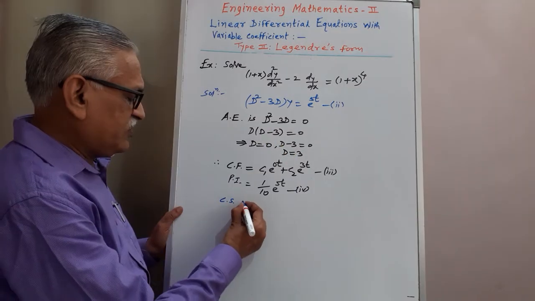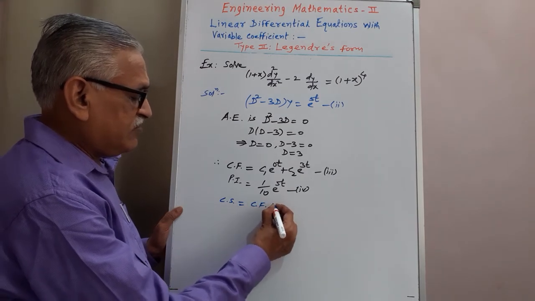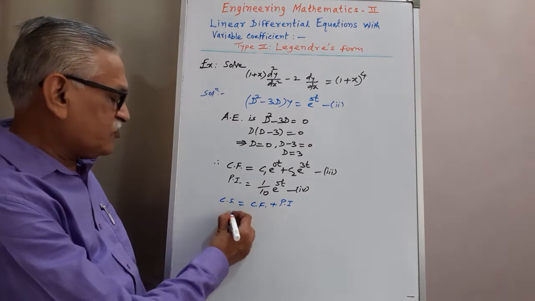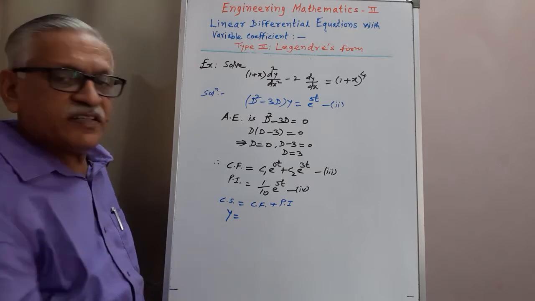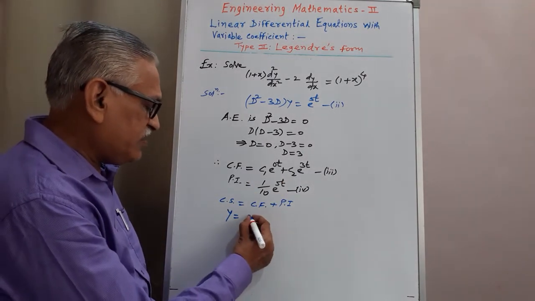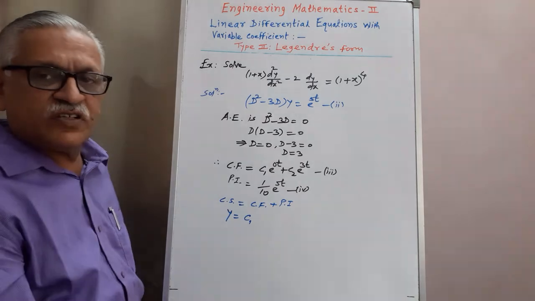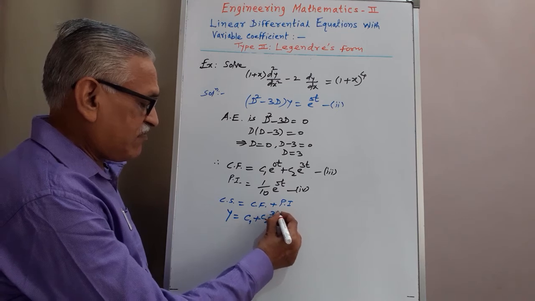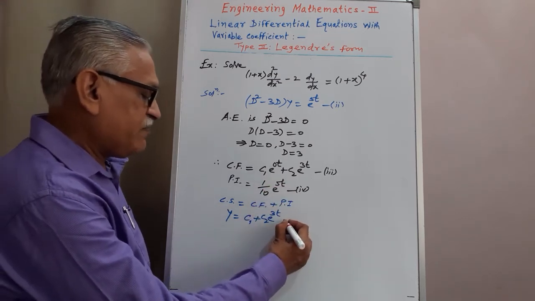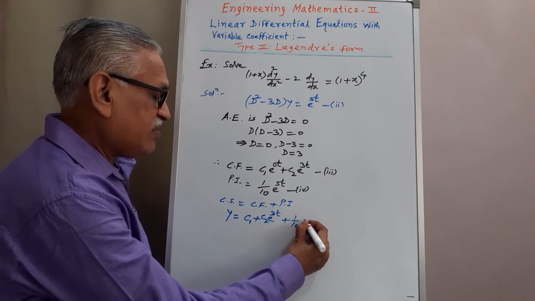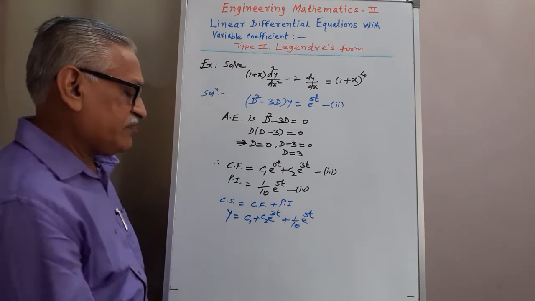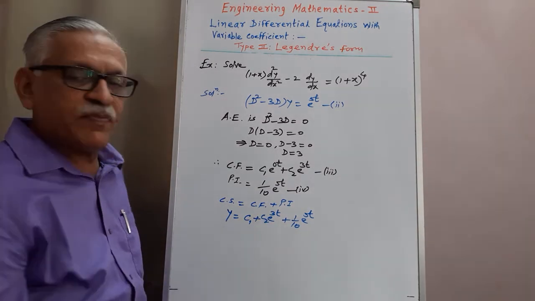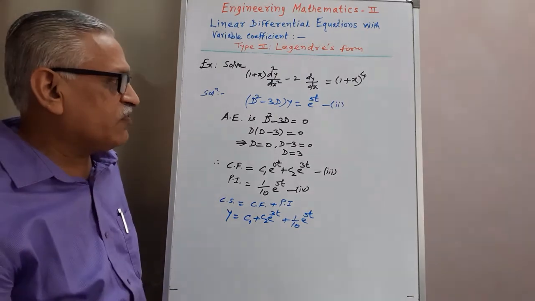The complete solution is CF plus PI, equation 3 plus equation 4, and the complete solution is always for the dependent variable, which here is y. So y = c1 e^0, which is 1, plus c2 e^(3t), plus the PI, (1/10) e^(5t). This is the required solution, a relation between the dependent variable y and the new independent variable t.